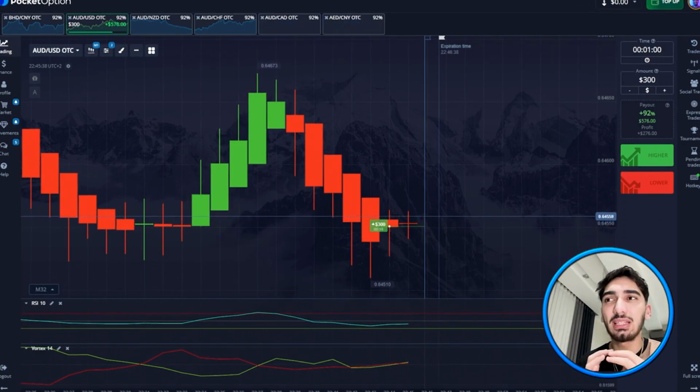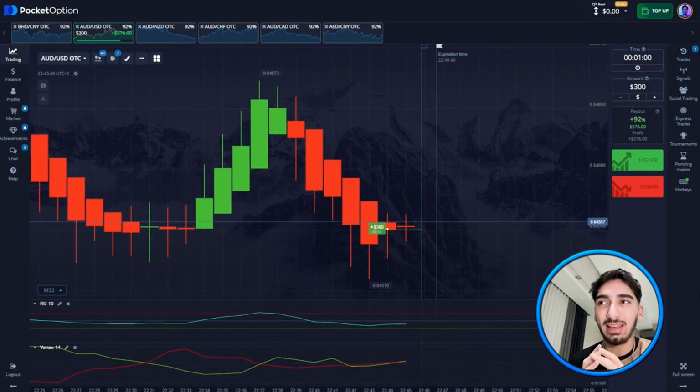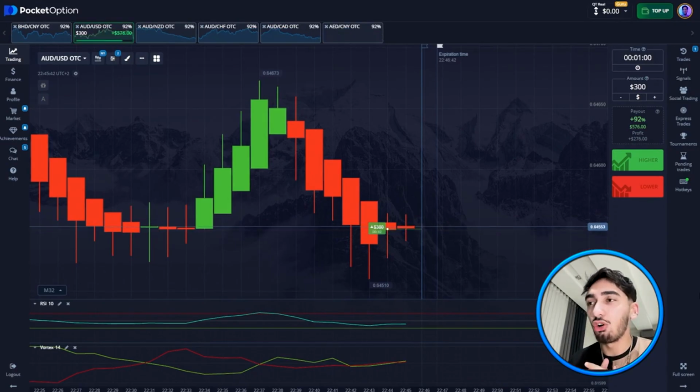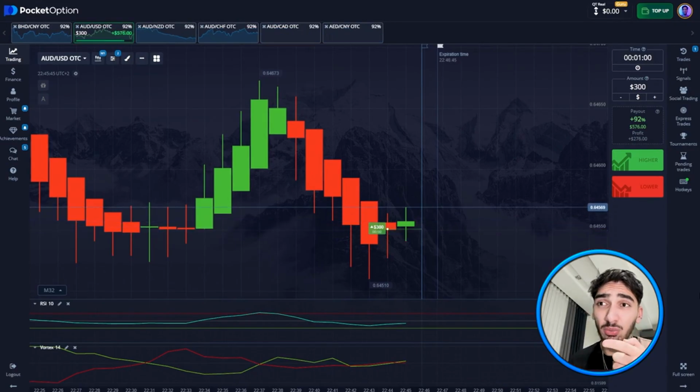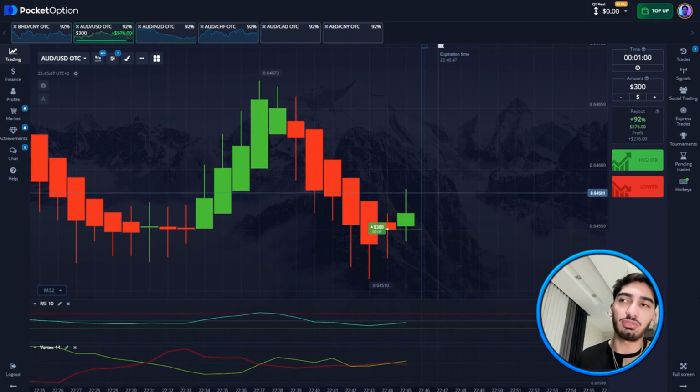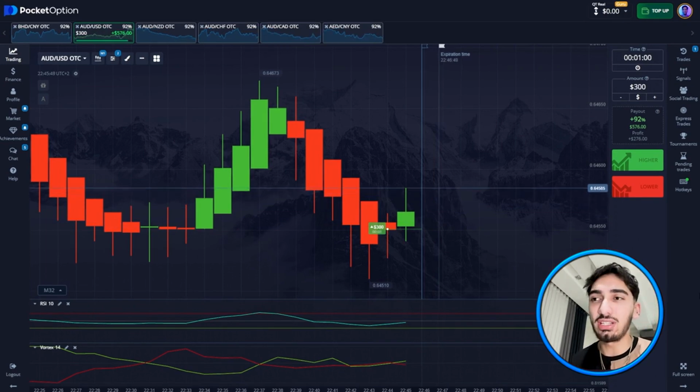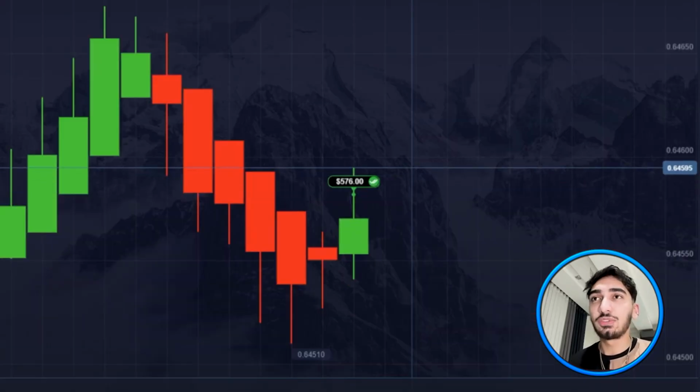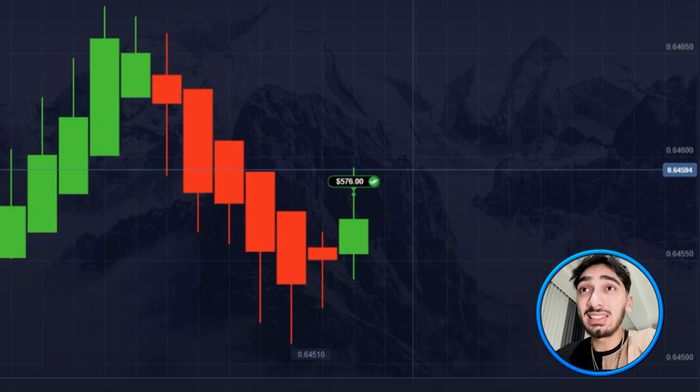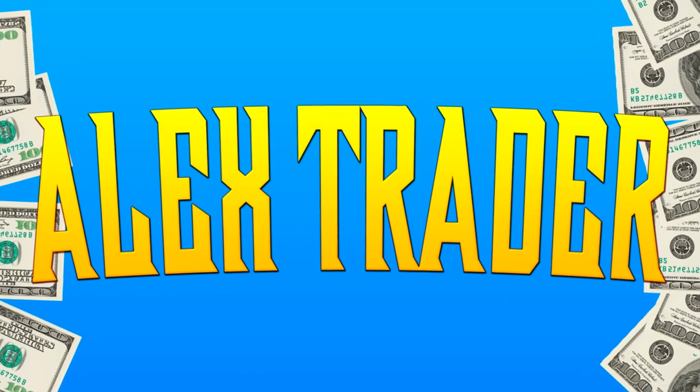And this is, to be honest, the main reason why I think it's going to be a long, as well as if you take a look at the vortex, the green line, which represents the buyers, is matching the red line that represents the sellers. So here you go, $576 right now.